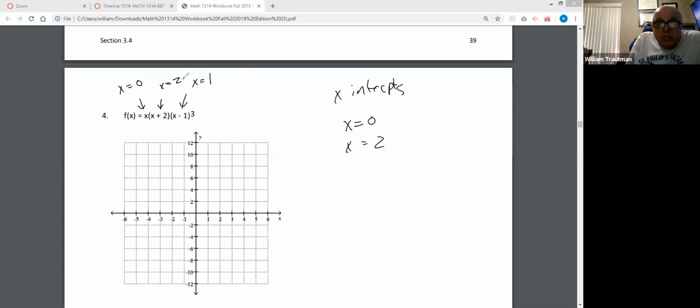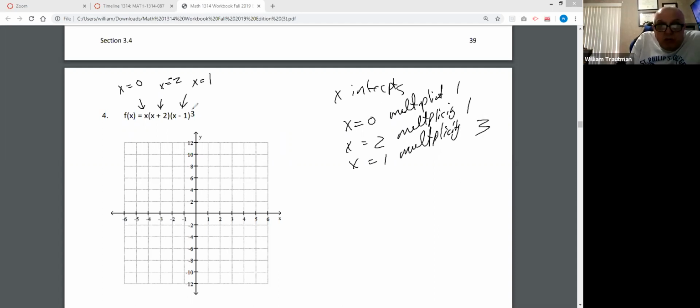Oh, wait, -2. It's opposite sign. And x equals 1. X equals 0 has a multiplicity of 1. X equals -2 has a multiplicity of 1. And x equals 1 has a multiplicity of 3. It has a power of 3.